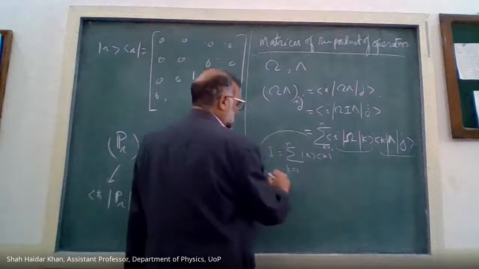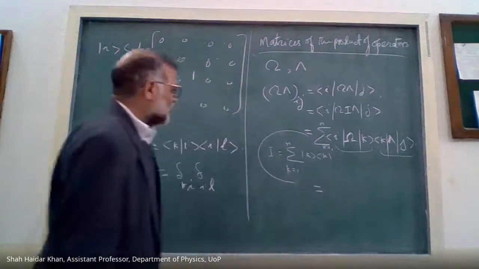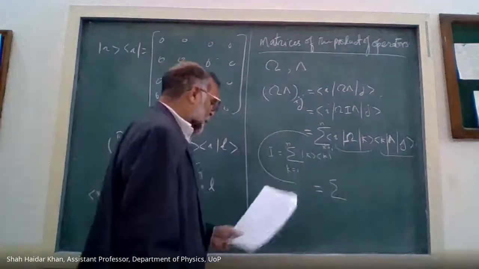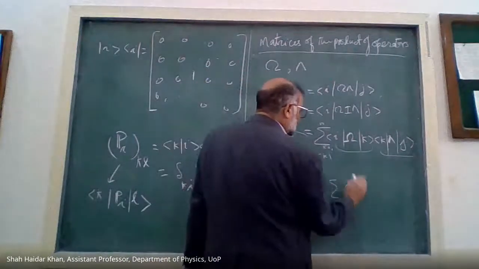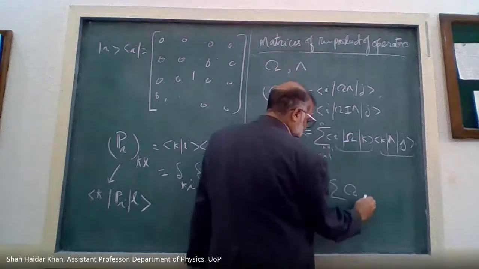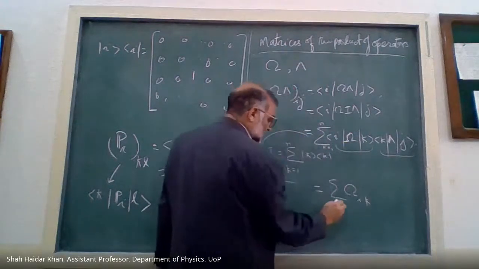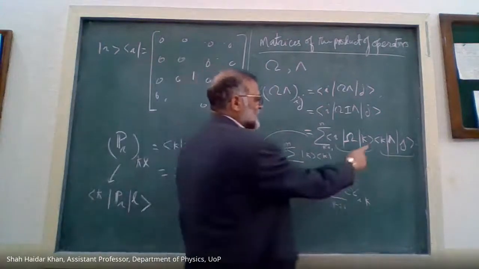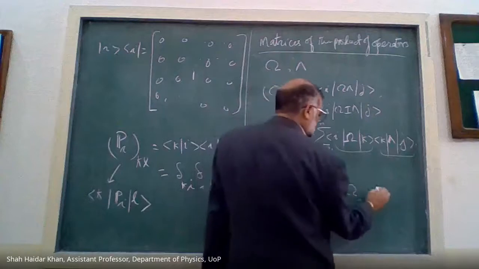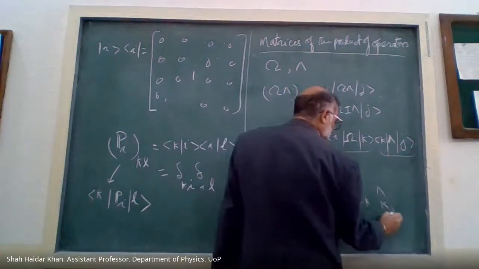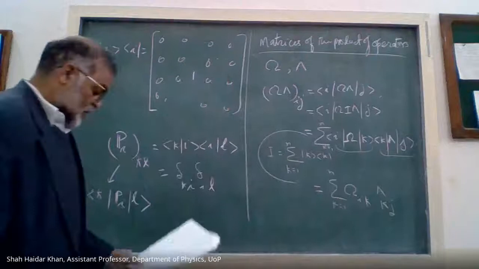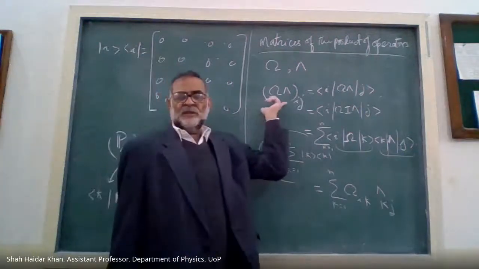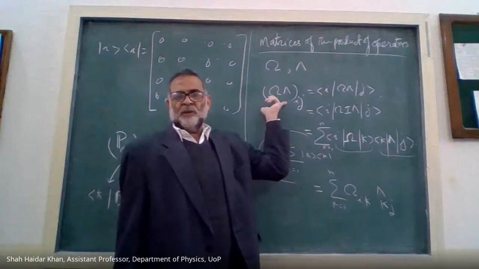So this is equal to the summation of omega ik, where k starts from 1 and goes to n, times the matrix element of lambda, which is lambda kj. So this is how we get the matrix element of the product of two operators.